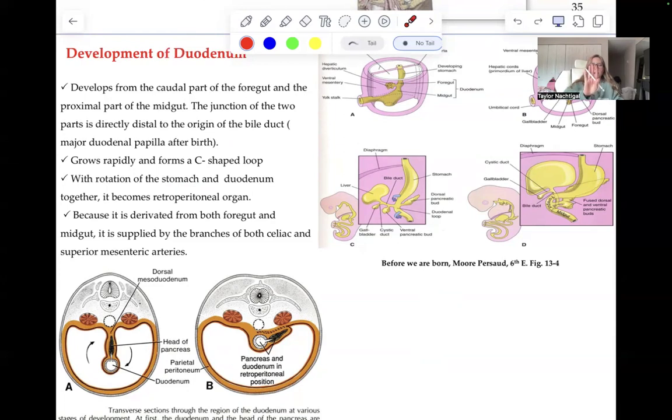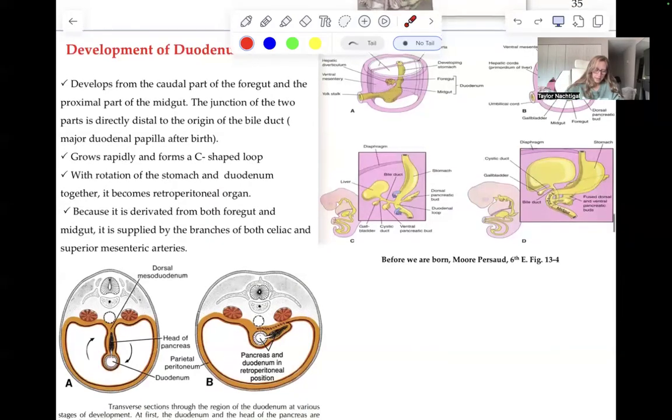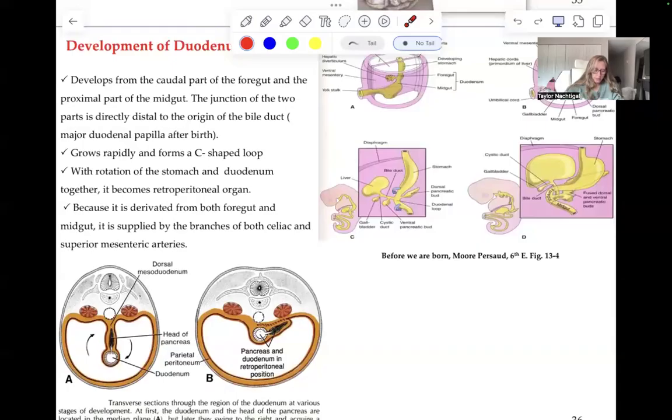So we have our greater curvature to the left side and the lesser curvature to the midline or right side. This rotation is going to push the duodenum further back. So it's going to become a retroperitoneal organ. So it's basically going to be touching the back wall of the abdominal cavity.